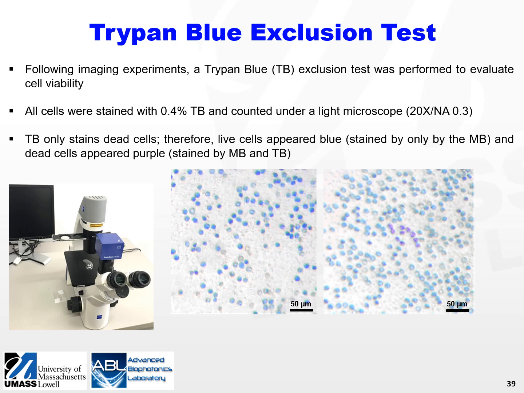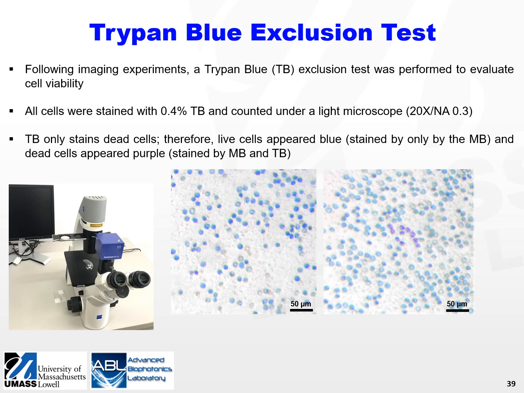Following the imaging experiments, a trypan blue exclusion test was performed to evaluate cell viability. All of the cells which had previously been stained with methylene blue were stained using 0.4% trypan blue and counted under a light microscope.